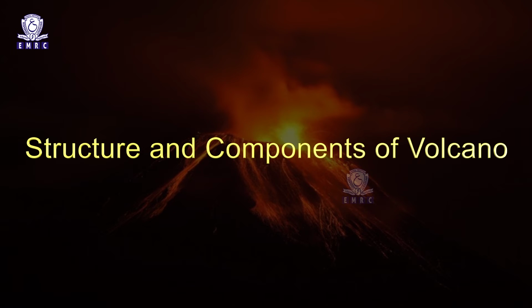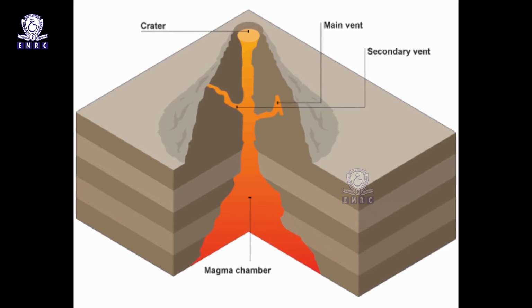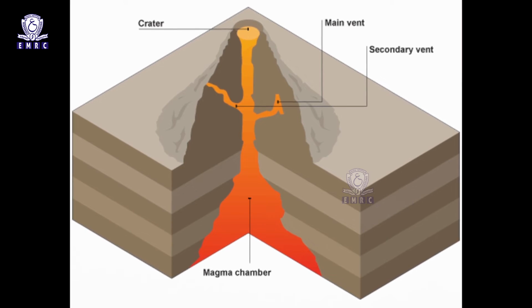Structure and components of a volcano. A typical volcano is an opening in the earth's crust through which hot materials from the interior of the earth are ejected and reach the surface. The narrow opening of the volcano is called the vent.